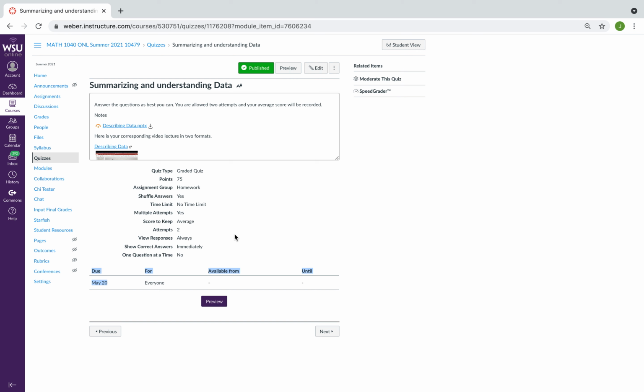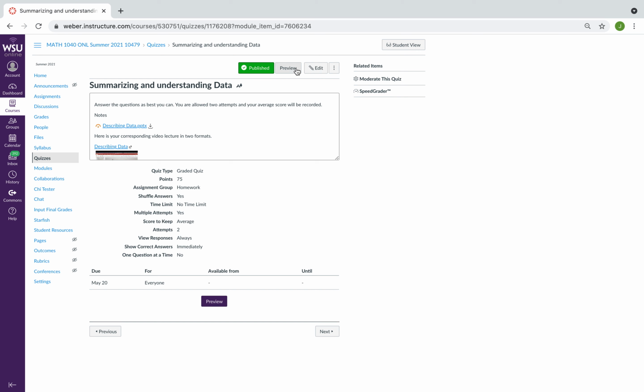So obviously you don't want to delay your quizzes or take them after the due dates more than is necessary. If you complete your first attempt, then you can take your second attempt after the due date. It's going to apply the penalty to that second attempt. So please take both attempts before the due date.